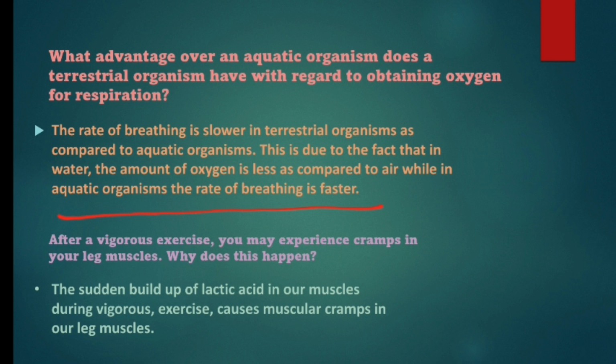This leads to the production of lactic acid in the muscle cells, and due to the accumulation of lactic acid in the muscle cells, you get muscular cramps in the leg muscles. All right, because anaerobic respiration is taking place, that is, when oxygen is absent, anaerobic respiration takes place and lactic acid is produced in the muscle cells.